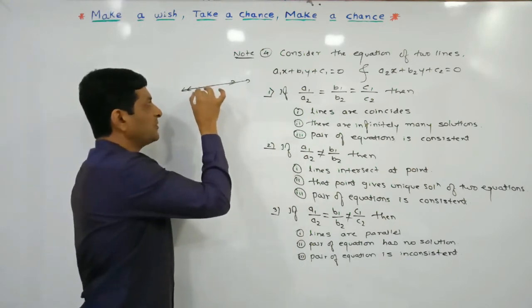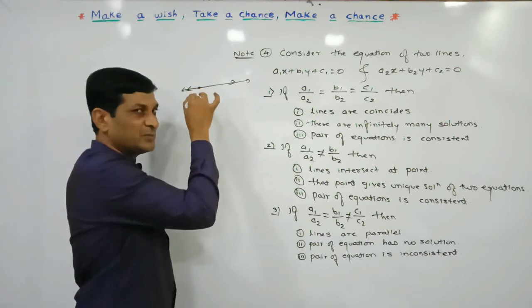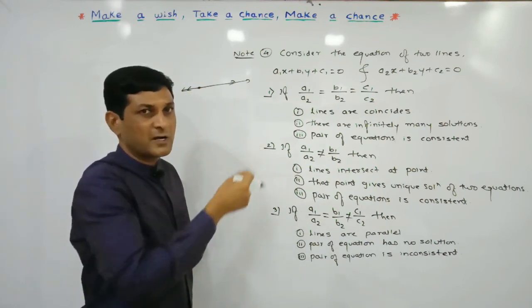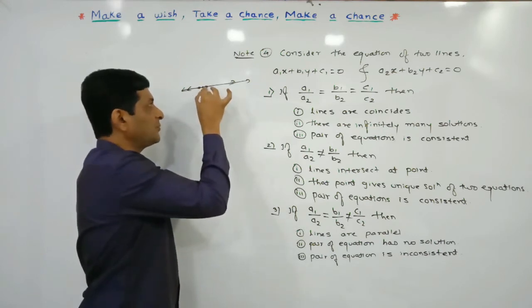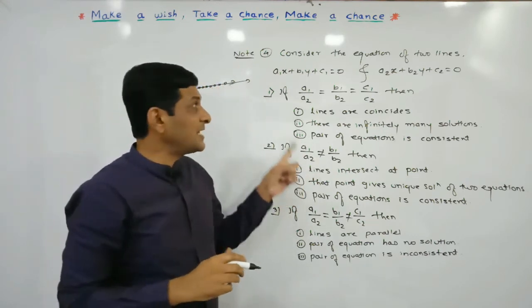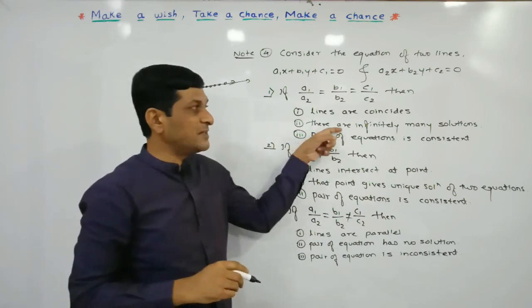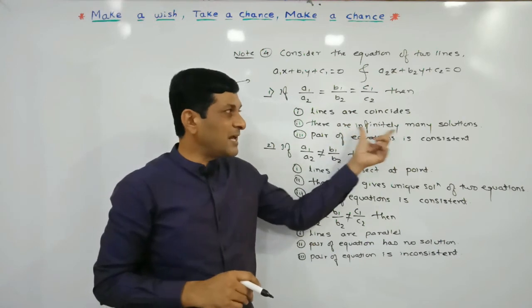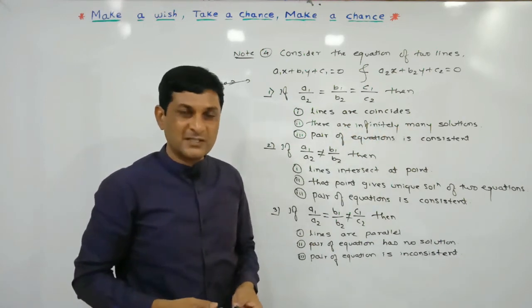Whatever point lies on the first line is also a point on the second line. Means infinite points lie on both the lines. That's why we can say that there are an infinite number of points which satisfy both equations. Means we can say that there are infinitely many solutions, isn't it?